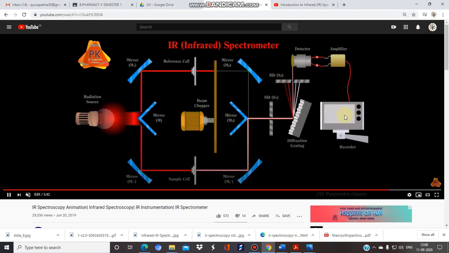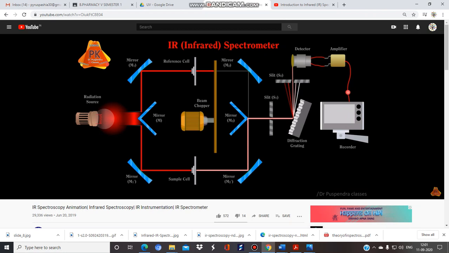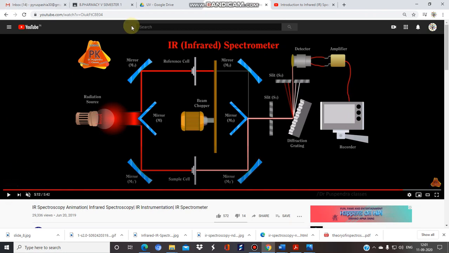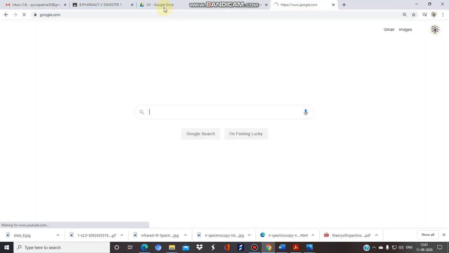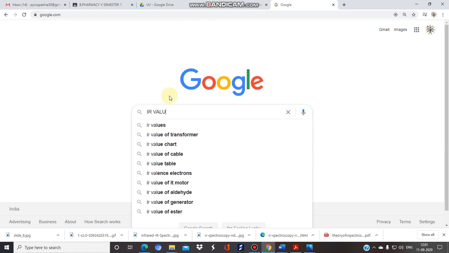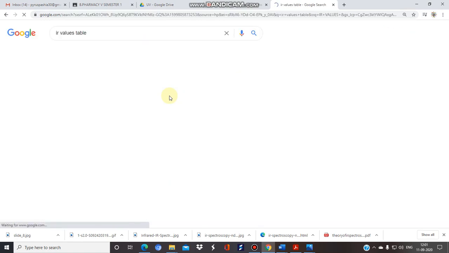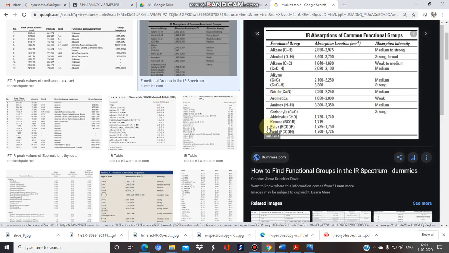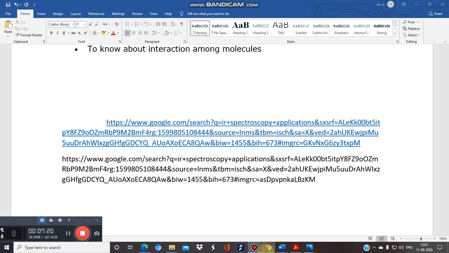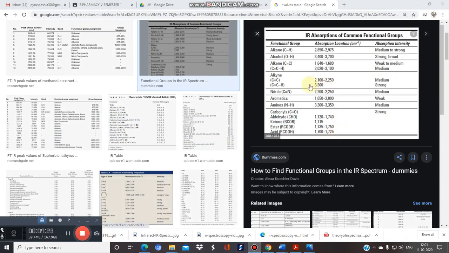with the help of different types of databases that are already available, because we know how the compounds will stretch or bend. We have the particular values of the groups. Just see this, we have different IR values, like alkane 2850 to 2975 absorption.